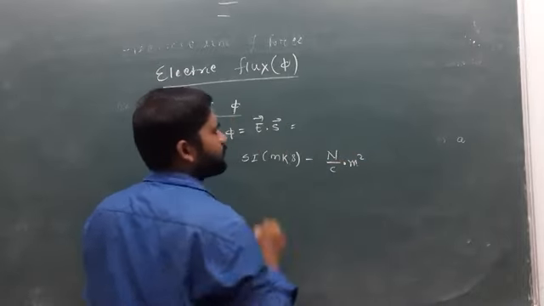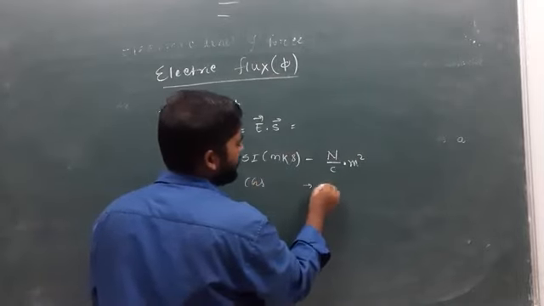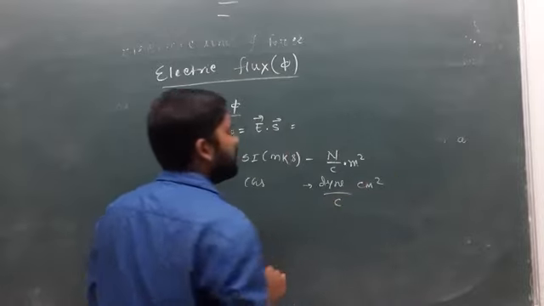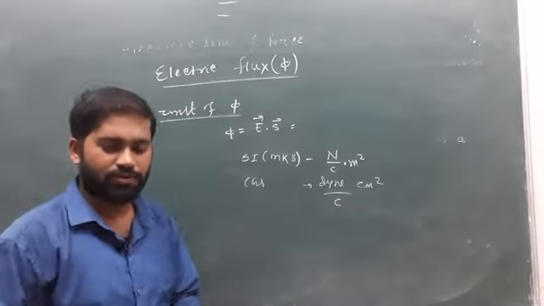So the unit is Newton meter square divided by Coulomb. In CGS, it is Dyne centimeter square divided by Coulomb. That is the CGS unit to measure the electric flux.